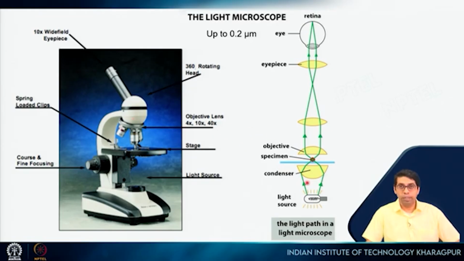So, the schematic diagram shows the same thing that is shown here. So, this is the light source. There is a condenser which will condense the light rays and focus them onto the specimen. Then from the specimen it passes through an objective lens. So, you get magnification through all of these, and then finally you see it. We can see it, or we can also put a camera so that we can take pictures and show it like I am showing you in these slides.